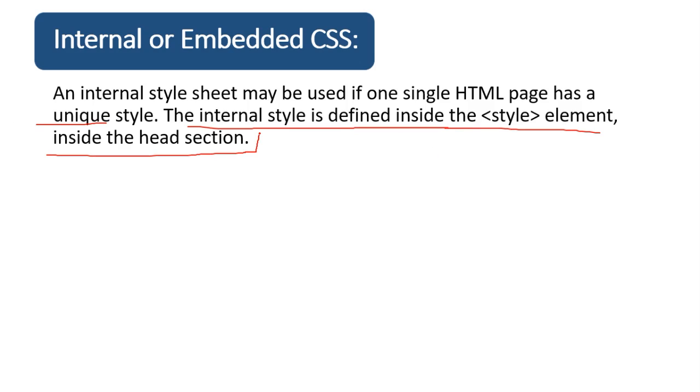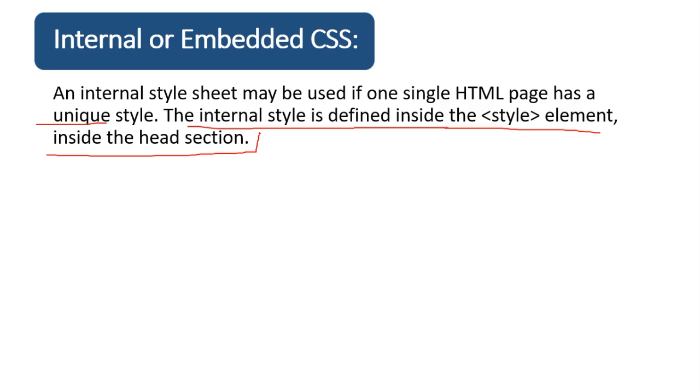If you want to use internal or embedded CSS, you have to write your CSS inside the particular HTML page you want to change. Suppose you have a website with four different pages. If you want different styling for them, you can use internal CSS for all four pages.